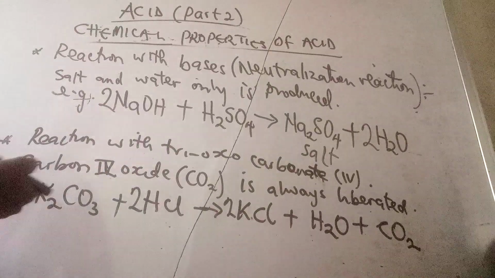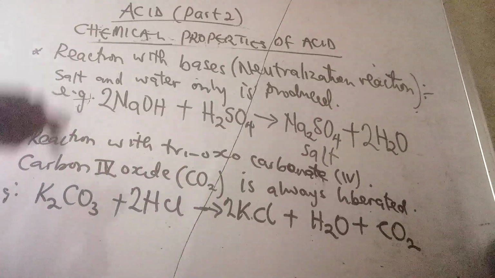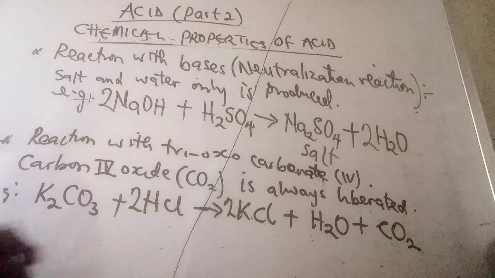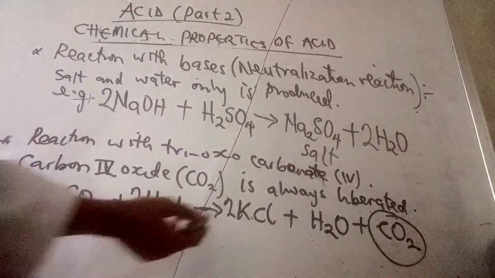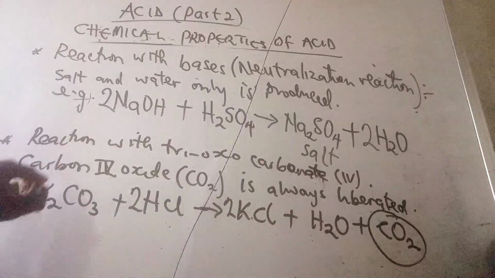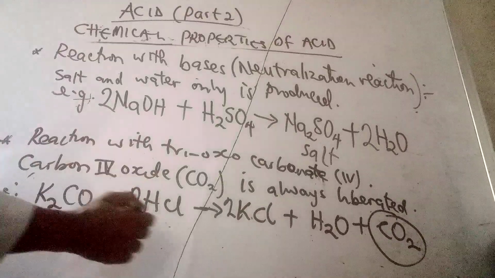So this is an example of an equation in which an acid reacts with a trioxocarbonate 4 salt to liberate carbon 4 oxide. We can see that salt and water are produced here. Why? Because this can also serve as a base, while this is an acid.